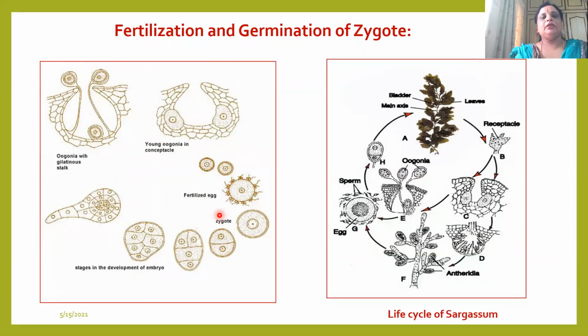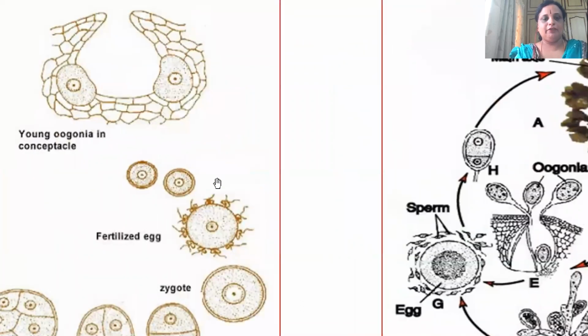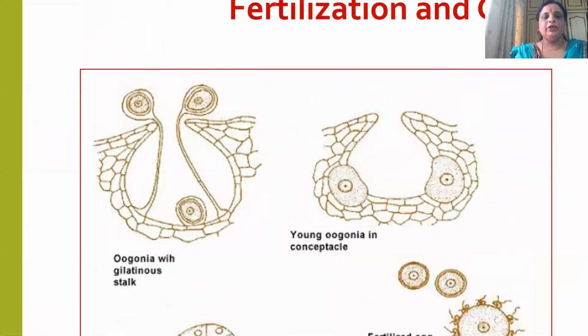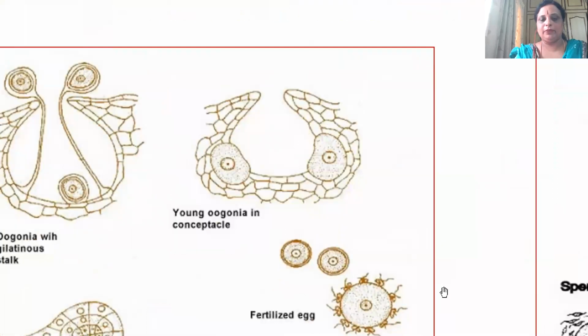At the same time, the Antheridium would have developed. Anthrozoids are produced. These anthrozoids are biflagellated, as I was mentioning, and they reach the oogonium. And later what happens?